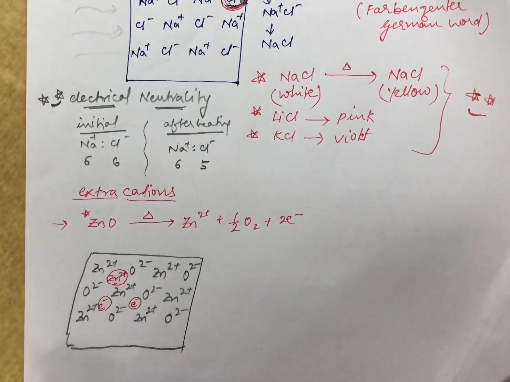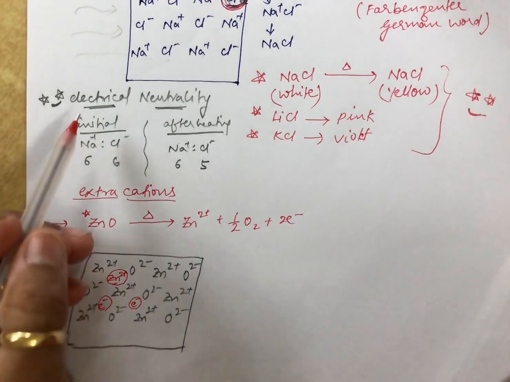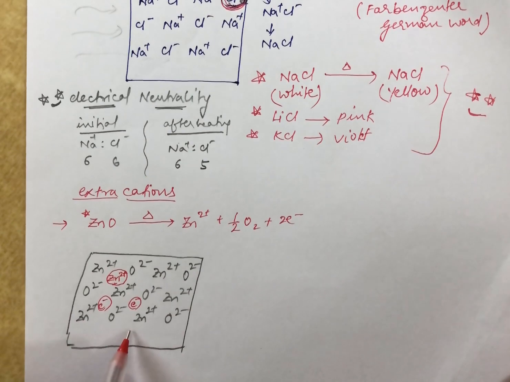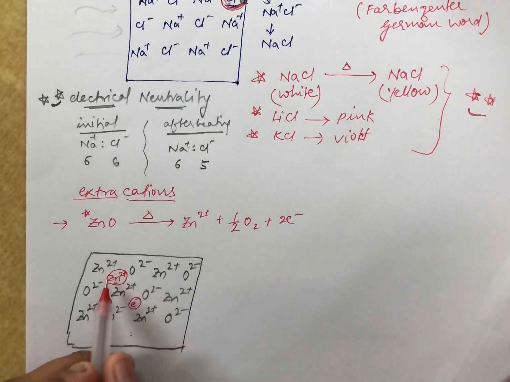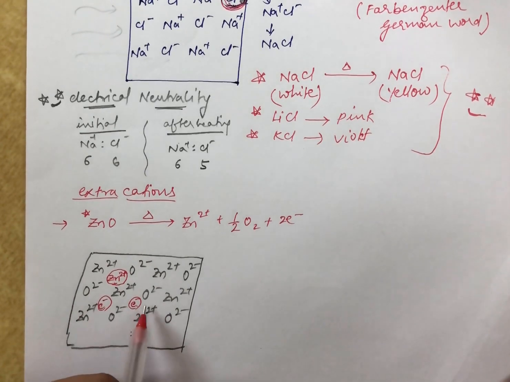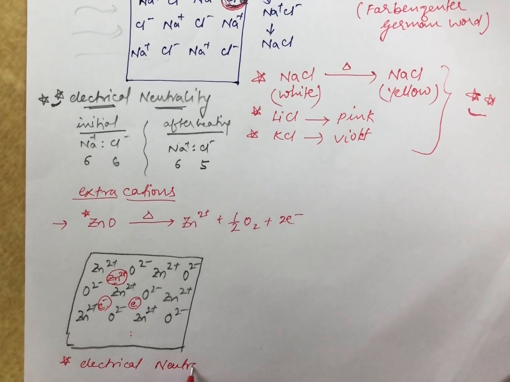Now again here let me focus that electrical neutrality will be maintained here also, because if two Zn plus are coming into the interstitial site, simultaneously two electrons are also coming into the interstitial sites. So very important point here again, electrical neutrality is maintained.